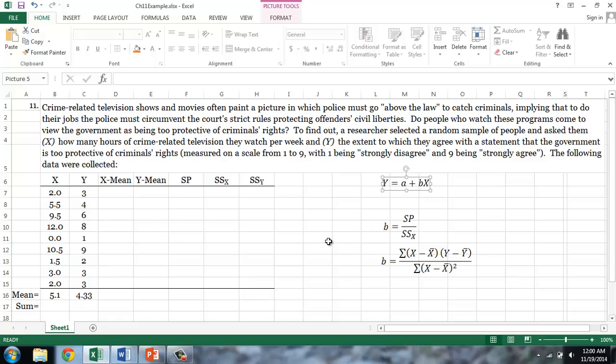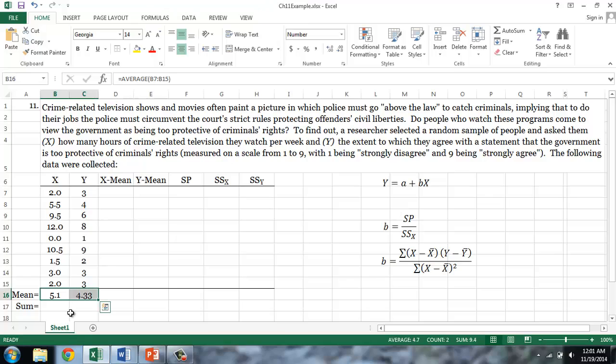We'll start by calculating b. The formula for b is simply the sum of the product of deviations divided by the sum of squared x deviations. These terms should be familiar from the video on correlation.